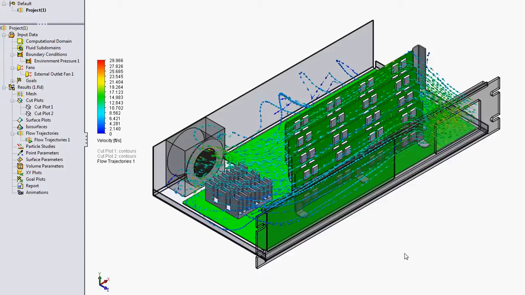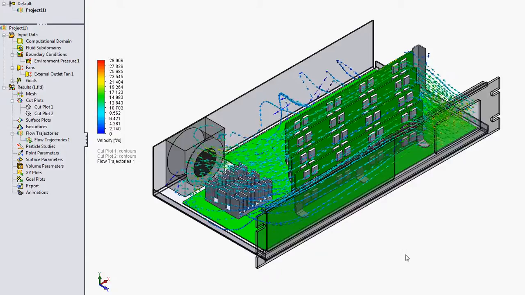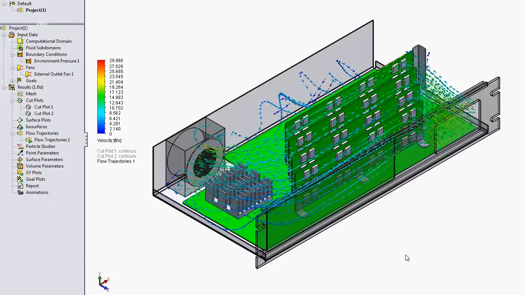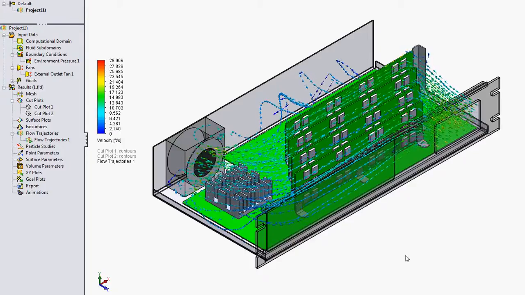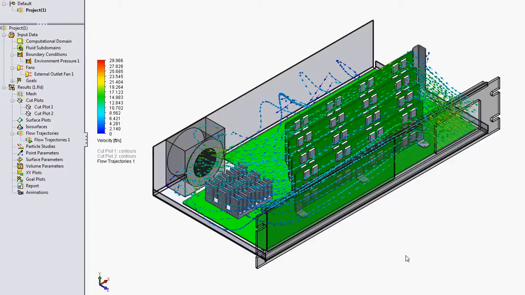As you drop the exit pressure, the airflow velocity through the chassis is going to increase. And when you plot that as a pressure drop versus CFM, this is going to give you a resistance curve for the system.